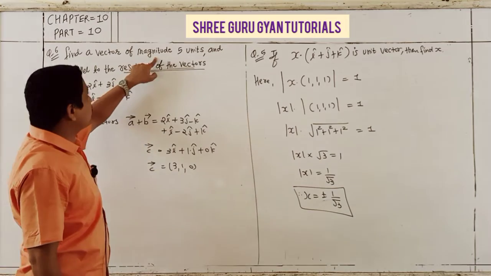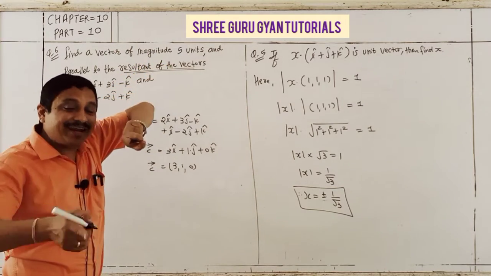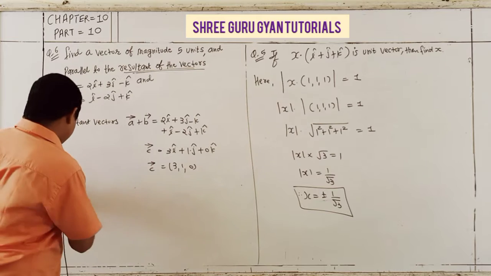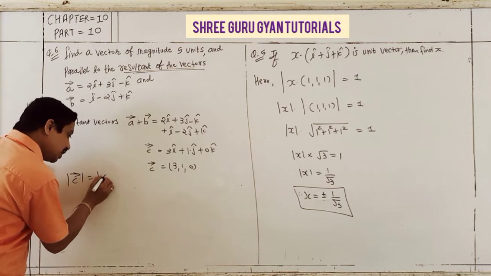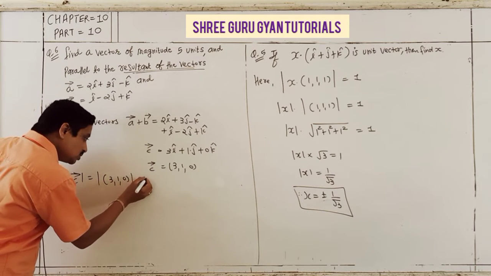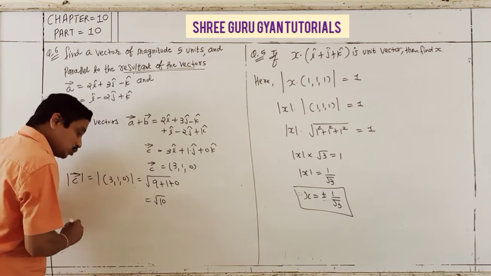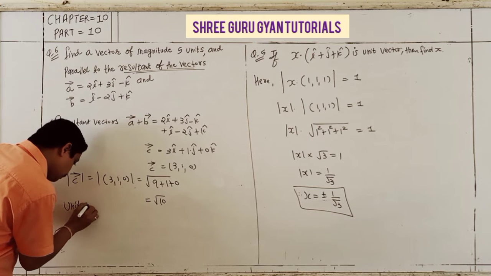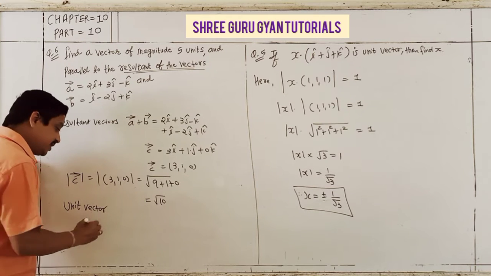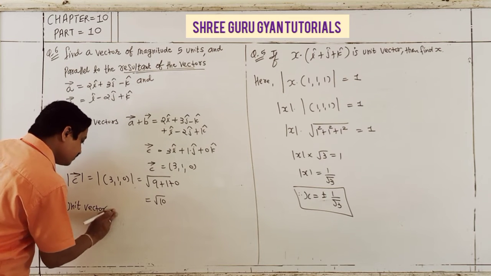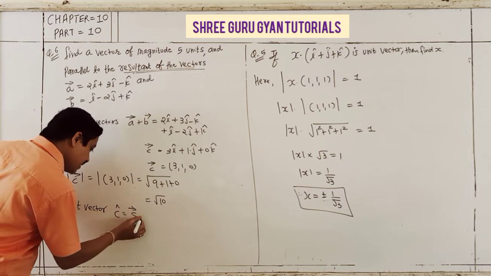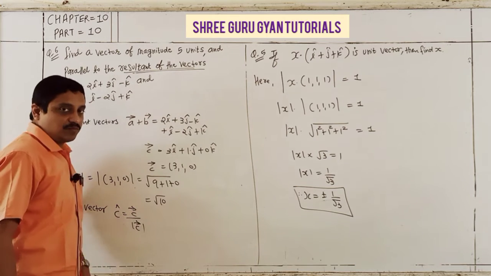Now I want parallel, so I need the unit vector. Taking the magnitude of 3, 1, 0: 9 plus 1 plus 0 is root 10. So what is the unit vector? C cap is C by modulus C in the same direction.